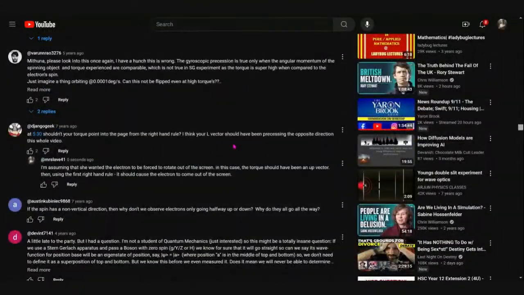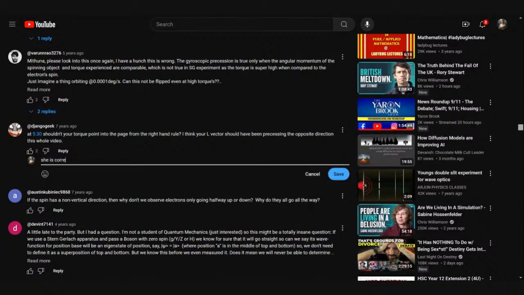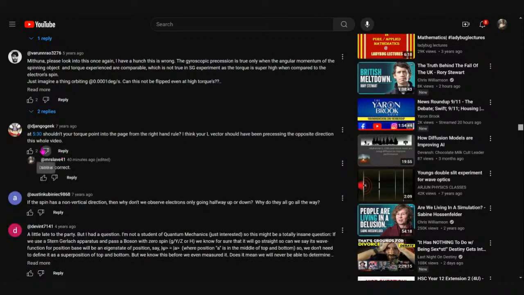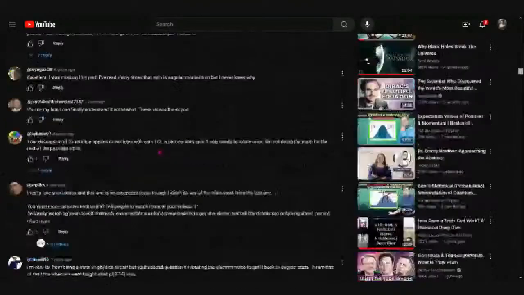Oh my God, there it is. She is correct. Right? At 5:30, shouldn't your torque point into the page? No. Everything she did is correct. So she's good.